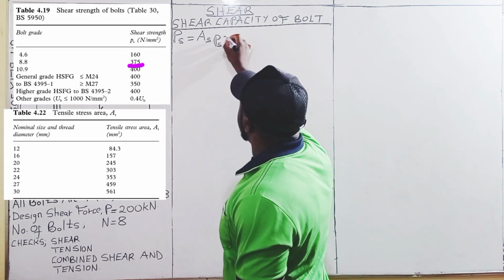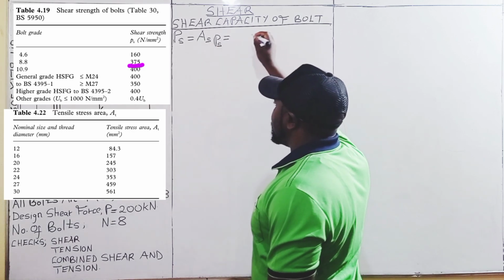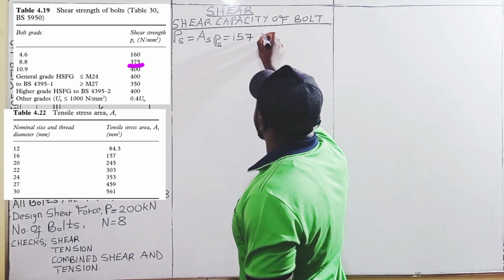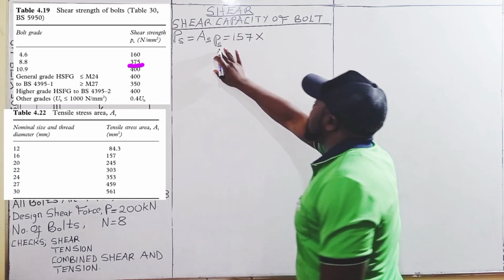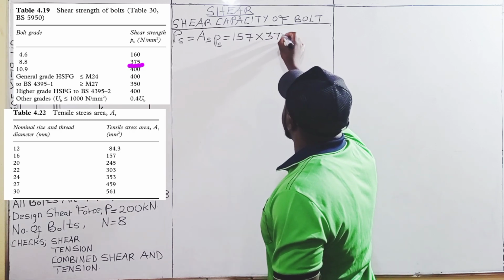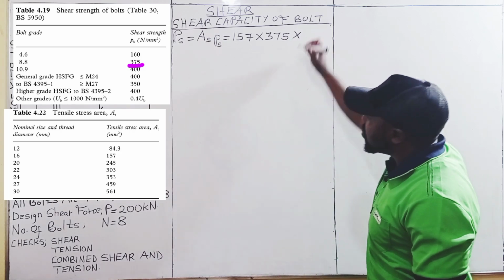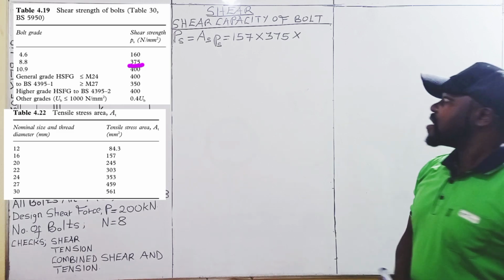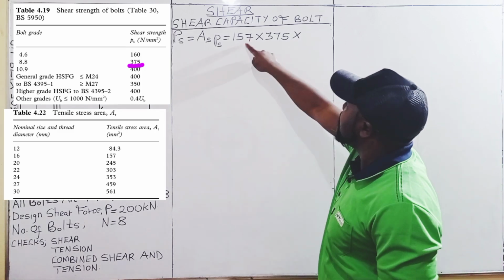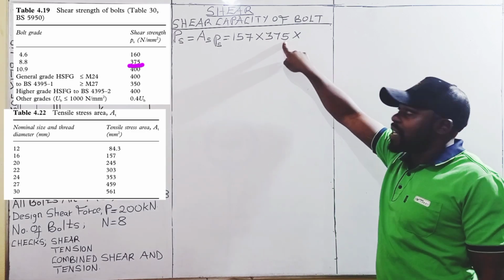And from those tables, the effective area of the bolt is 157 square millimeters. The shear strength of the bolt is 375 newtons per square millimeter. We need to convert to kilonewtons, since the area is in square millimeters, whereas the shear strength is in newtons per square millimeter.